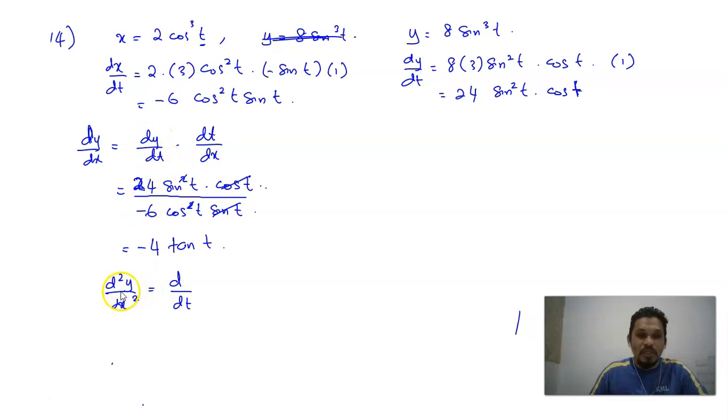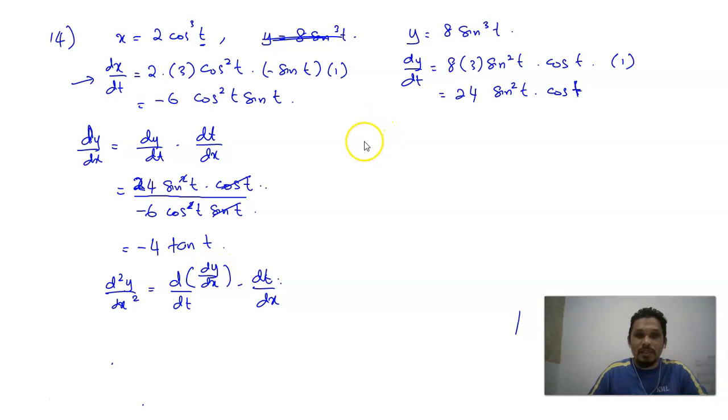At this moment we differentiate again, but this time the y is replaced by dy/dx, not y anymore, and we still use the same chain rule, multiplying with dt/dx, which we can refer to as 1 over dx/dt.